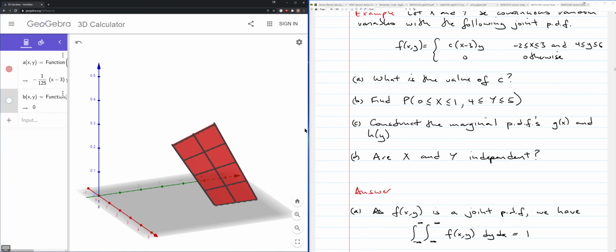Okay, so this is a function in two variables. When you graph it, you're going to get a surface in three-dimensional space. Now, this function is non-zero only for the values x lying between minus 2 and 3 and y lying between 4 and 6. So this is what the graph is going to look like. Your function is 0 everywhere else except on this rectangle.